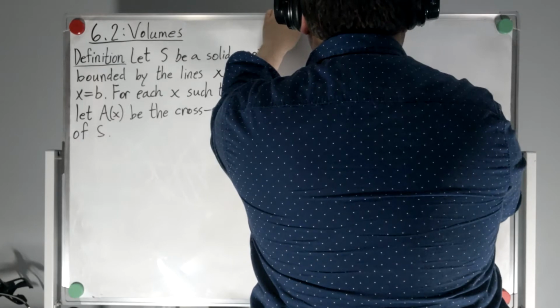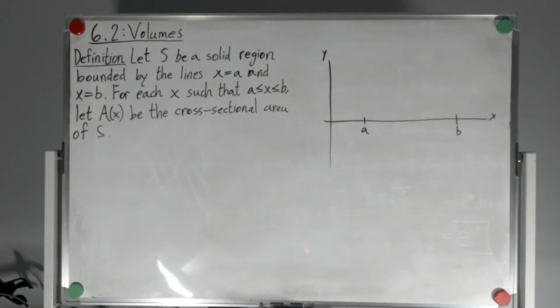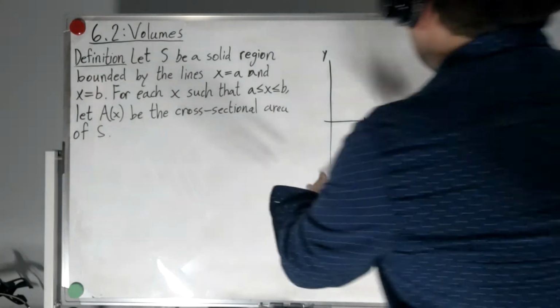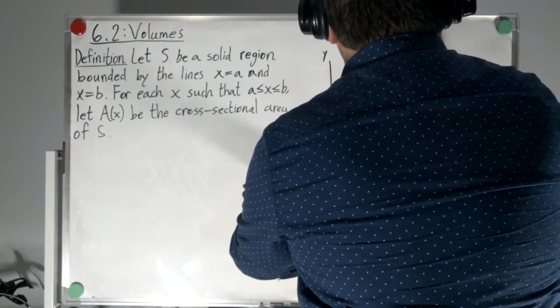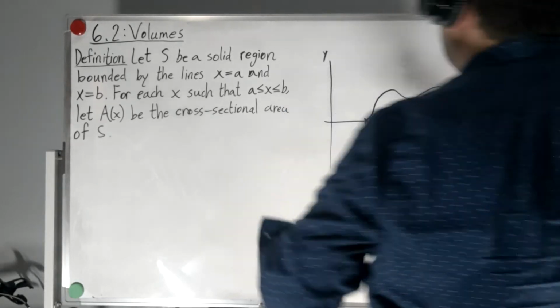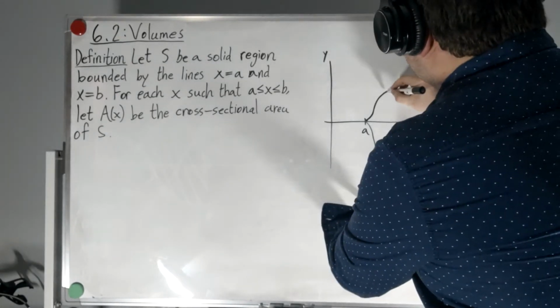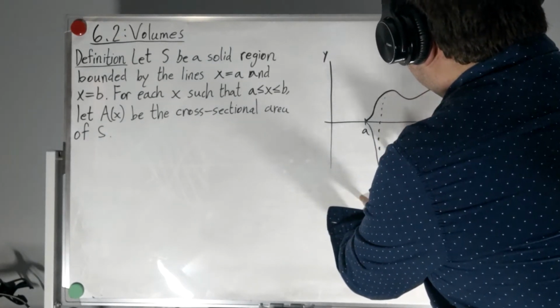Okay, so to give you an idea of what I'm talking about so far, I'm saying we have these 2 points on the x-axis. They're called A and B. And we've got a solid region. So it looks something like this, maybe, or not. Doesn't really matter what it looks like. Point is that it's a solid region, so this has volume to it.